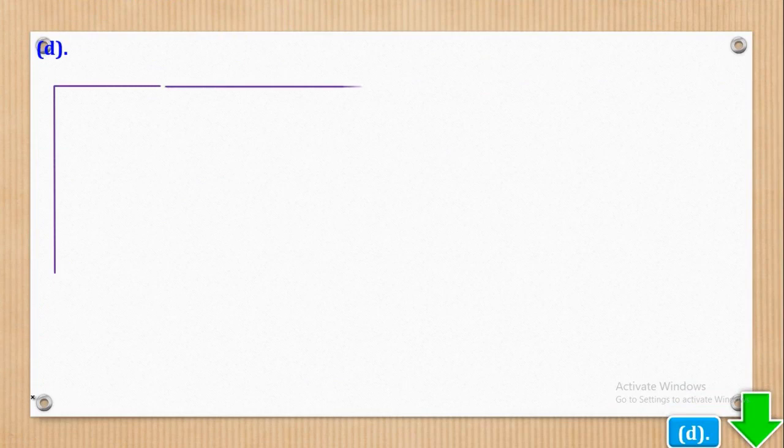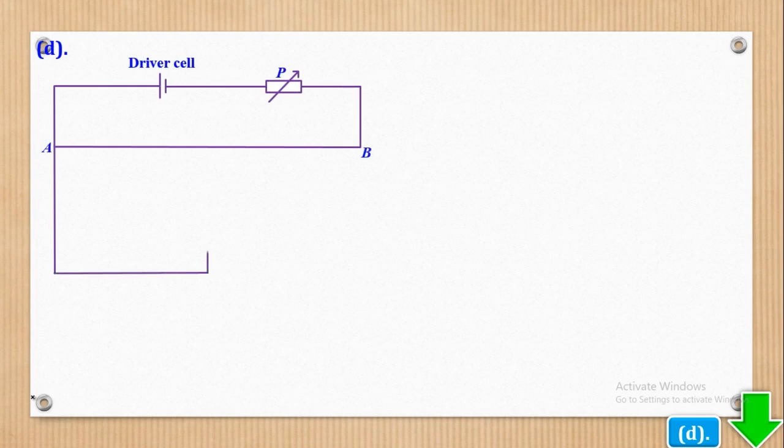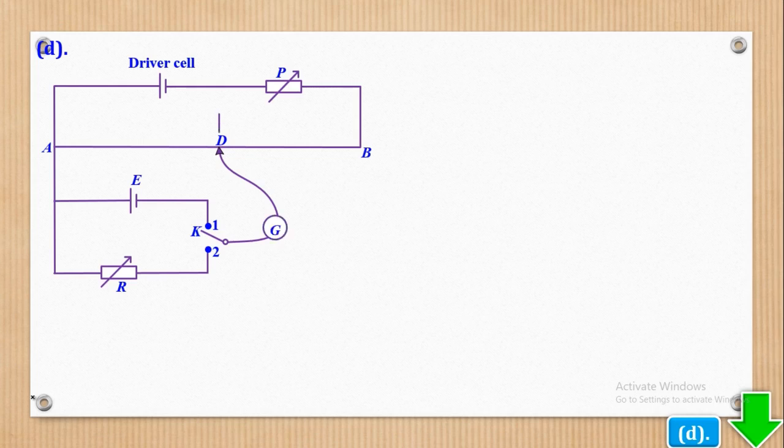Let's first draw a circuit diagram. So the setup is as shown.